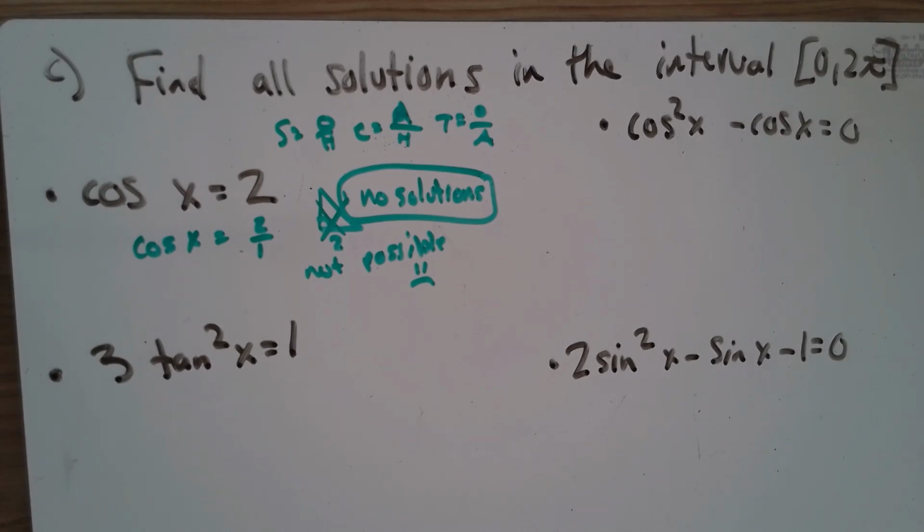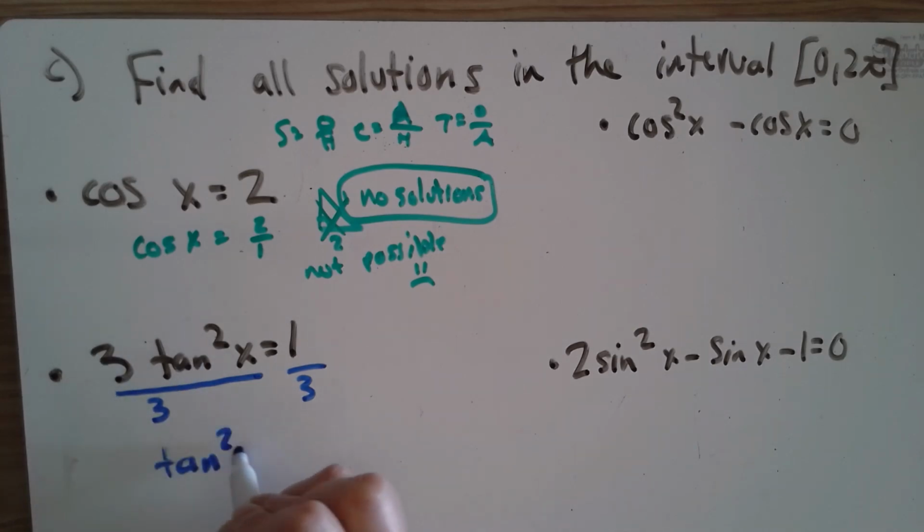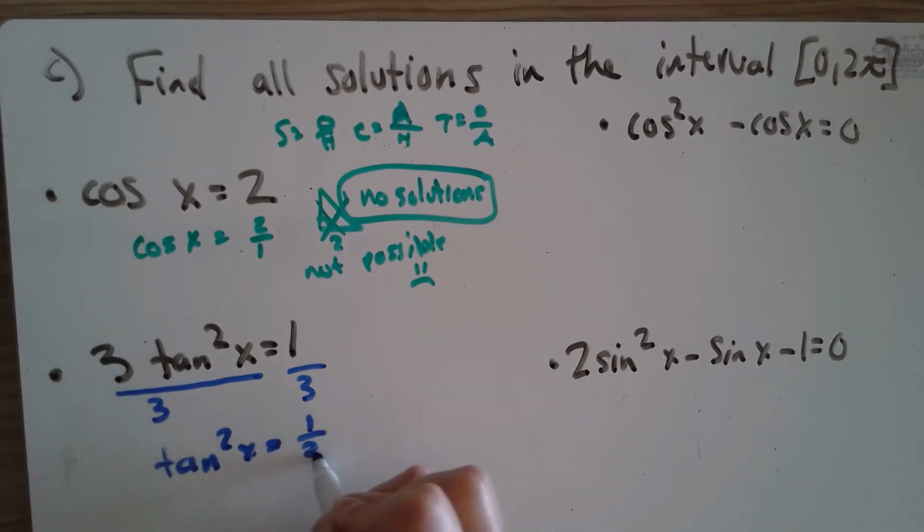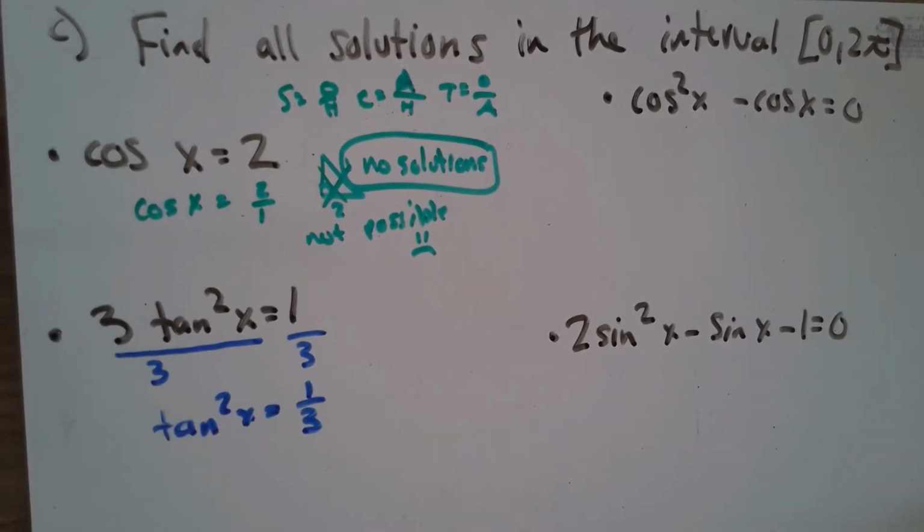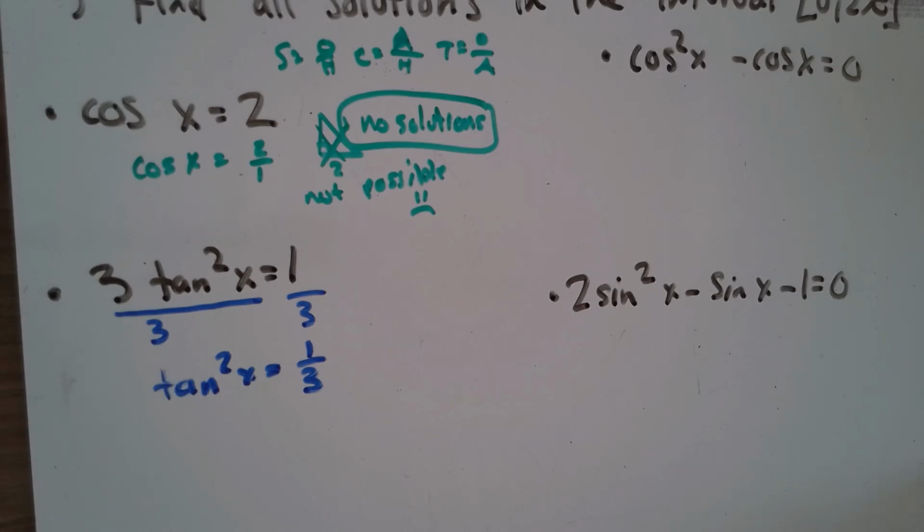So 3 tangent squared x equals 1. I'm going to treat this like I would any other problem. If I had 3x squared equals 1, first thing I would do is divide that 3 off. So tangent squared x equals 1/3. If I had a square, the way to get rid of a square is a square root.